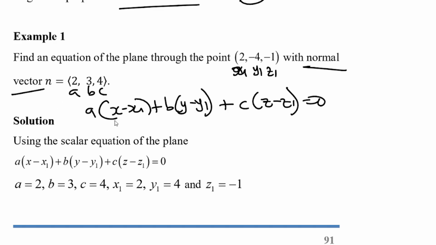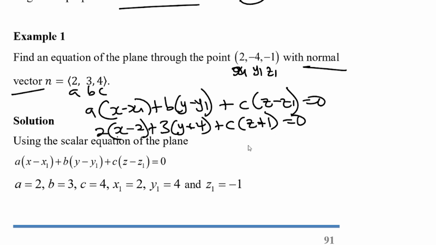So in place of our x1, y1, and z1, put these numbers over here. So A is 2, so 2 times x minus 2, plus B is 3, y minus y1, which is already negative, so this becomes positive, plus C, z minus z1, which is already negative, so we have positive here, equals 0.